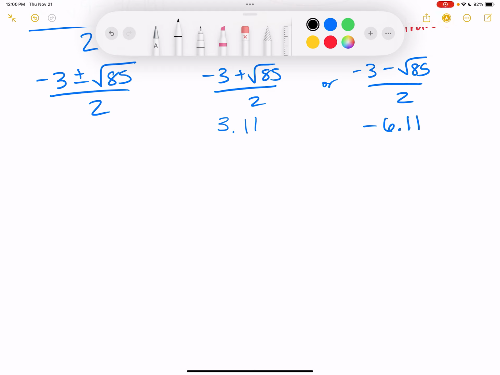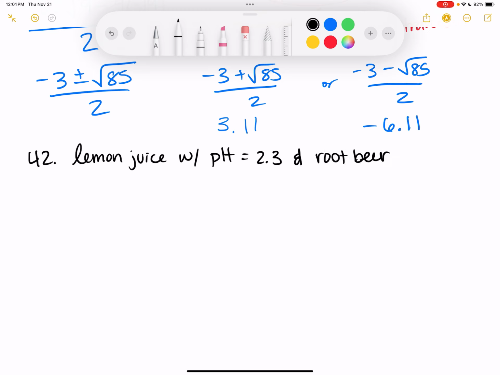If we have something like 42, it says lemon juice with a pH equal to 2.3 and root beer with a pH of 4.1.